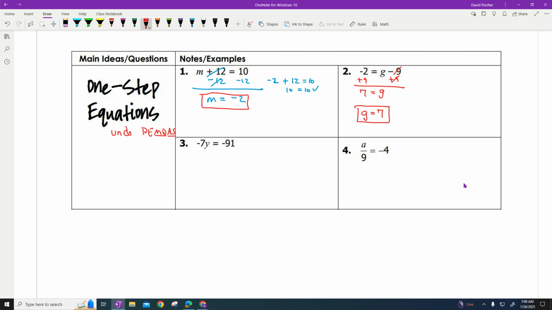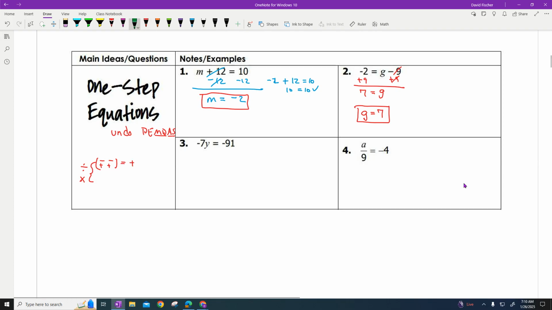Now, down here, some kids are still struggling with this. Let's make these notes. Anytime you're multiplying or dividing, here are the rules. If the signs are alike, like a negative divided by a negative, or a negative times a negative, or a positive times a positive, these are always going to be positive answers.